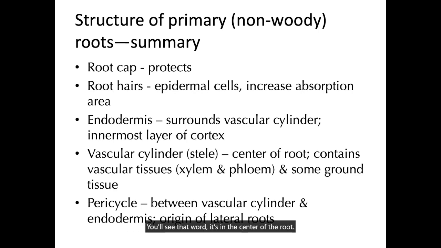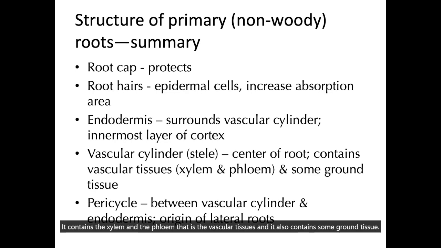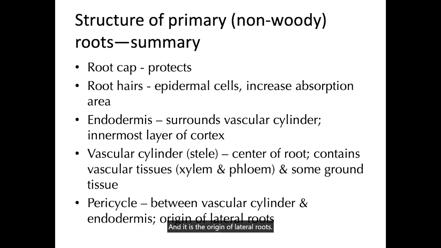You'll see that word. It's in the center of the root. It contains the xylem and the phloem, that is the vascular tissues, and it also contains some ground tissue. Finally, there's this special set of cells called the pericycle, which lies underneath the endodermis and outside the vascular tissue, and it is the origin of lateral roots.